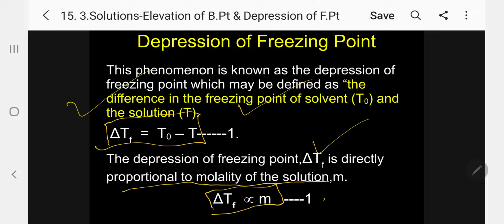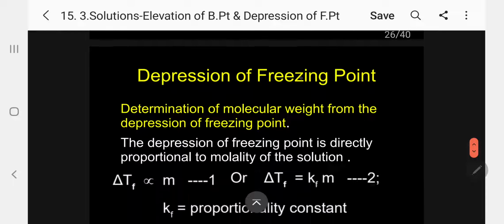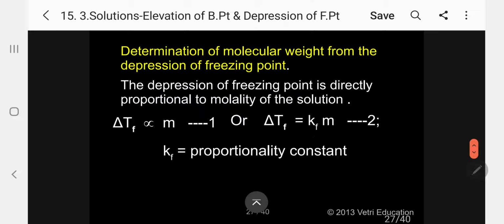In order to remove the proportionality, I equate it by putting a constant Kf, so that delta Tf is equal to Kf into m. What is Kf? The proportionality constant, the molar depression of freezing point constant.